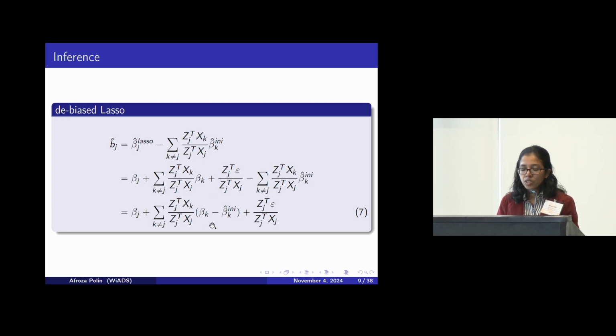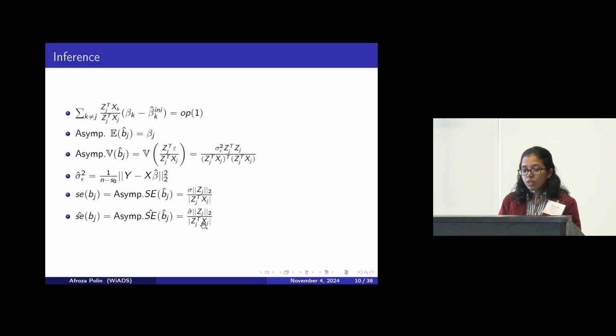So we get an initial estimate for beta k and subtract that one from your lasso estimate, and that is the debiased lasso. Asymptotically, the debiased lasso is unbiased, and the variance of beta j hat, that means the debiased lasso, has some closed form, the asymptotic variance. We can calculate that one.